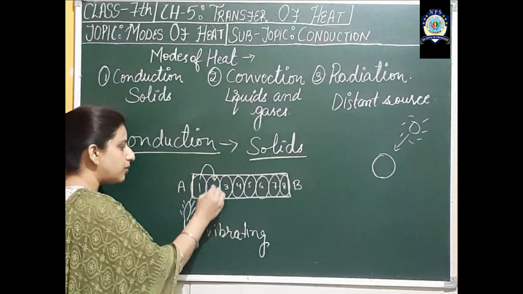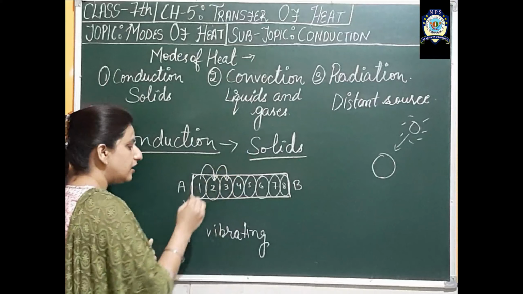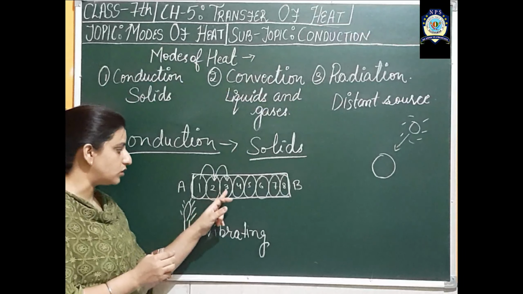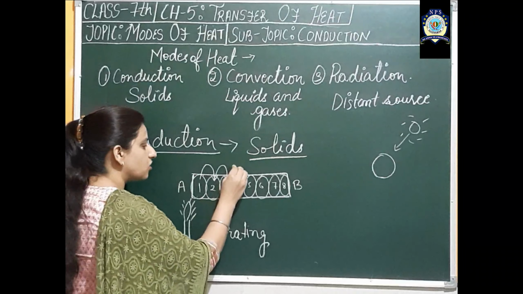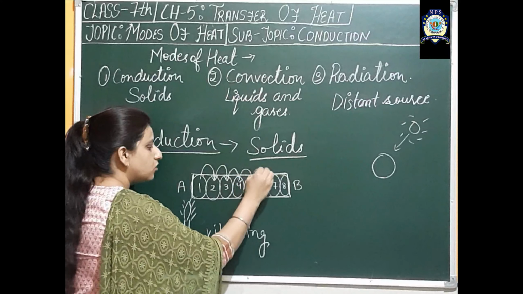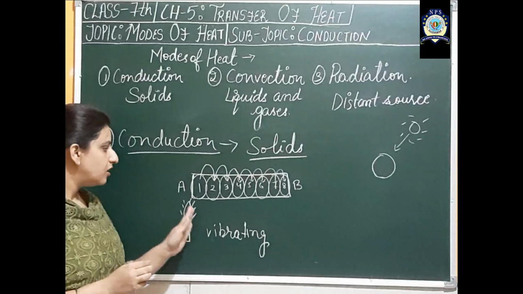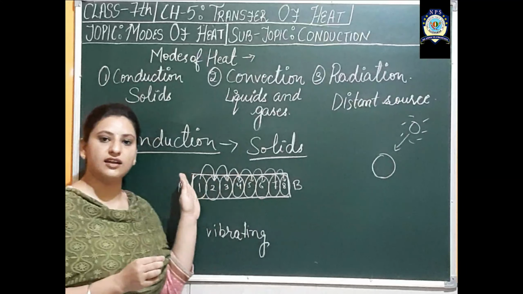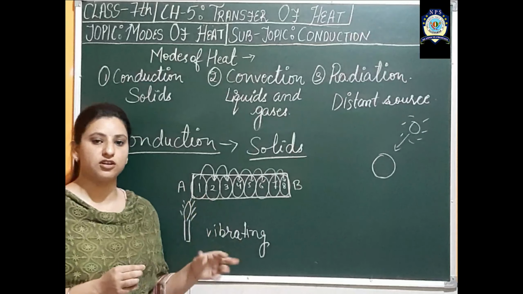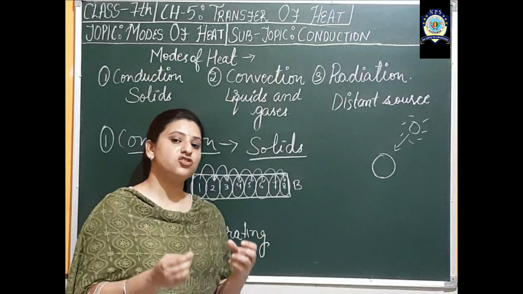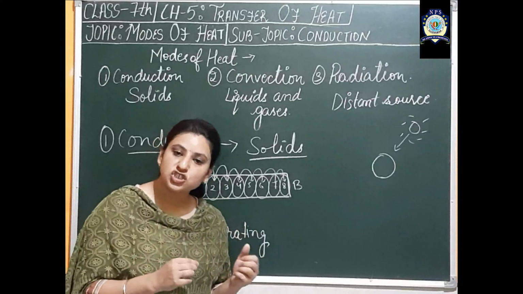Now the second starts vibrating, it will transfer its heat energy in the form of vibrations to the third. Now the third will transfer to the fourth, the fifth, the sixth, the seventh, and the eighth, and like this the whole iron rod will become hot after some time. So in case of solids, conduction takes place.